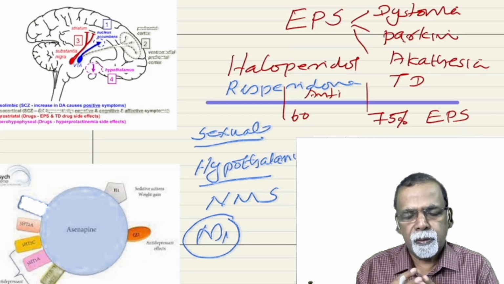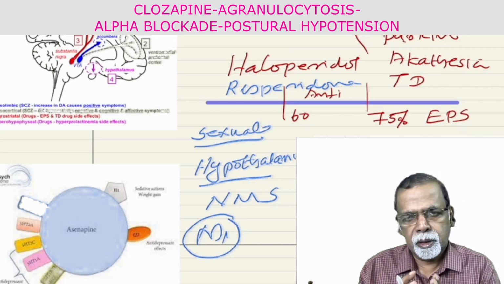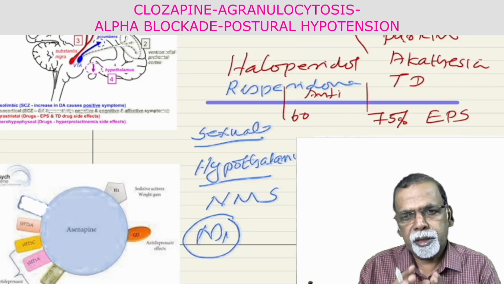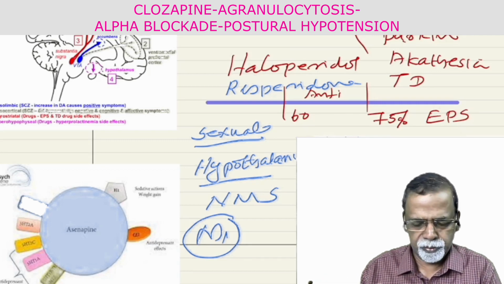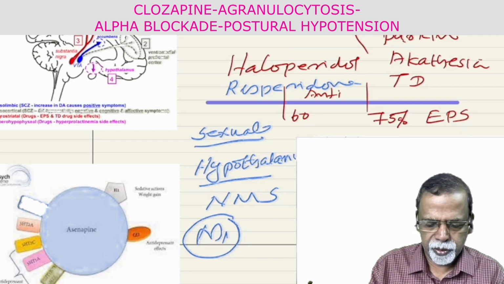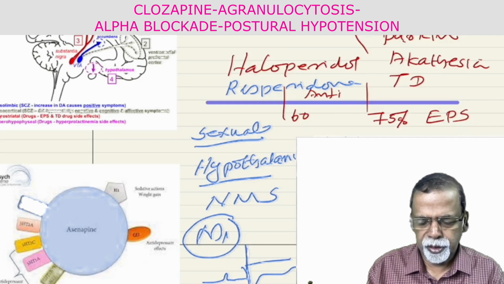Then some membrane effects. We know that antipsychotics are well known to prolong the QT interval in the electrocardiogram. If you draw the electrocardiogram, from the beginning of the Q to the end of the T, this is the QT interval.